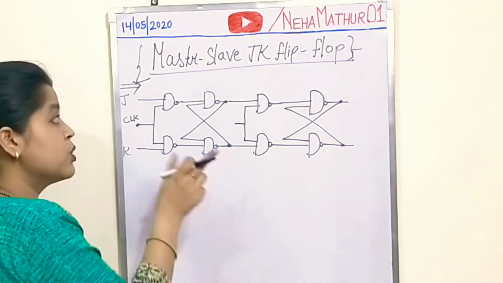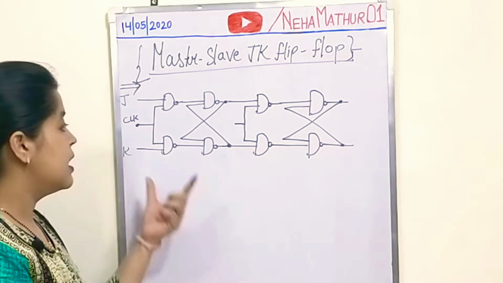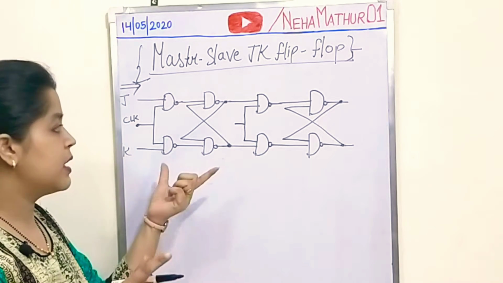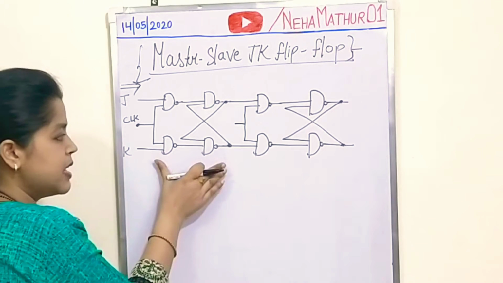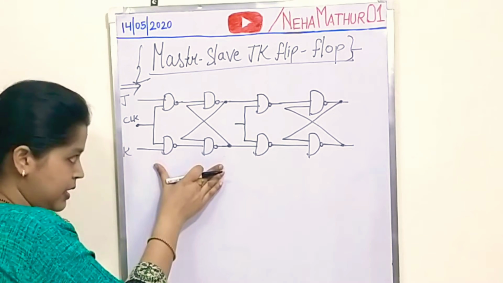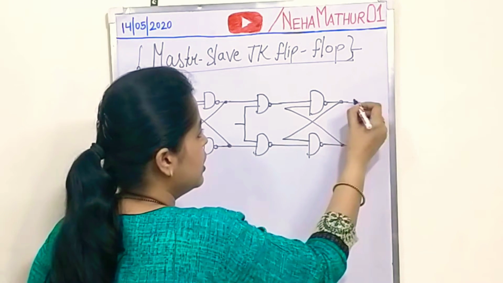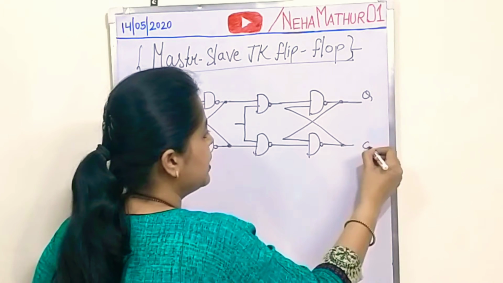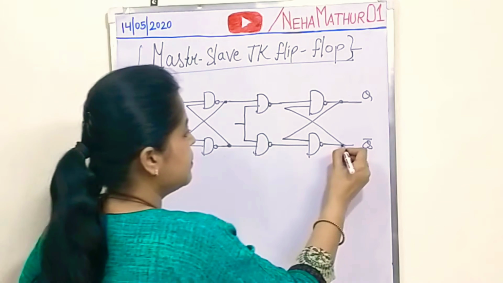This also looks like an SR flip-flop, but it will behave as a JK flip-flop when we connect it in a feedback connection also. So to make this upper circuit a JK flip-flop circuit, I am connecting its feedback connection. The main outputs, Q and Q bar, will be in feedback connection with the main inputs.